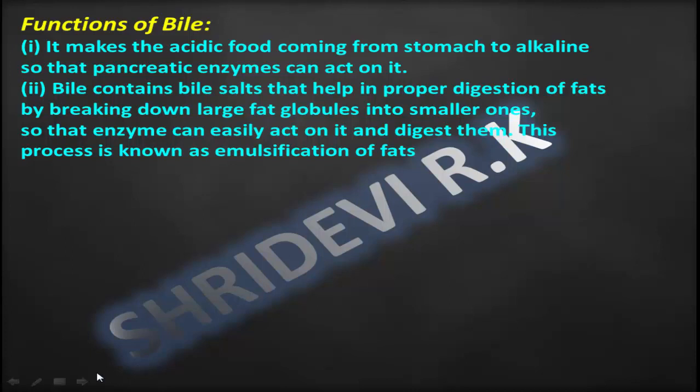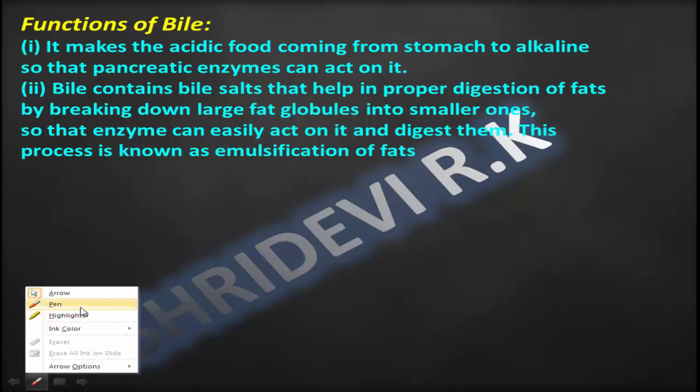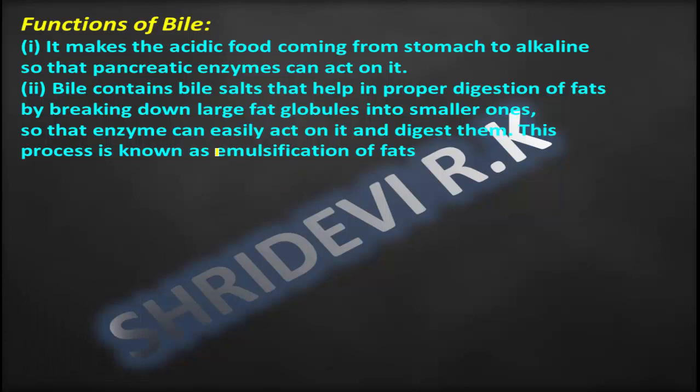This process is called emulsification of fat. The emulsification is carried out with the help of the bile salts. They combine with the fat molecule, and after combining with the bile salts, the large fat molecules are broken down into smaller ones, and finally they can be digested with the enzyme.